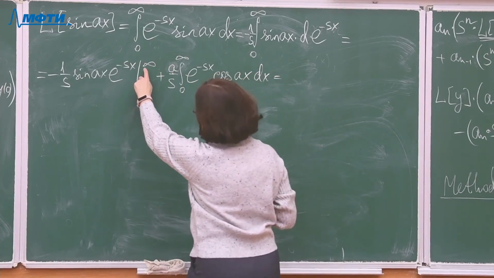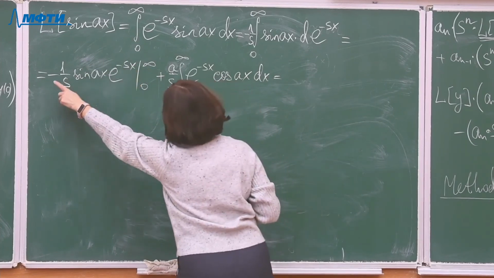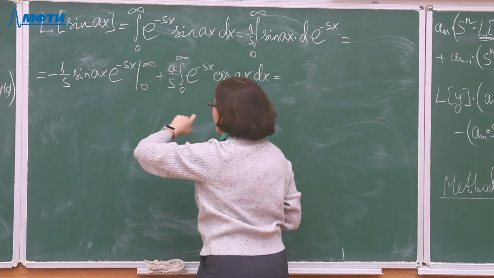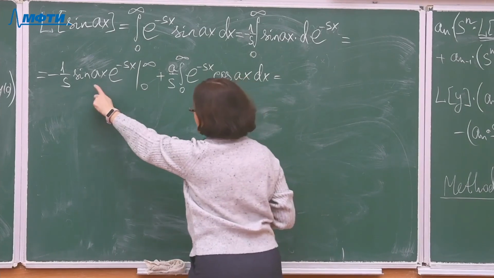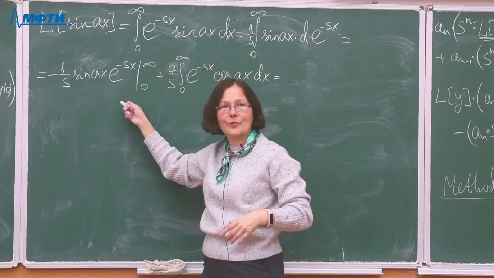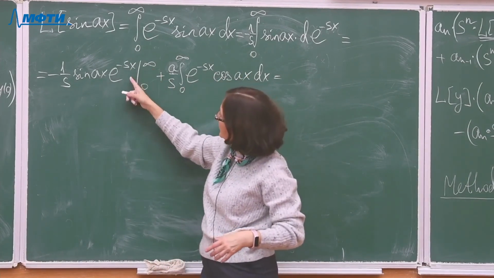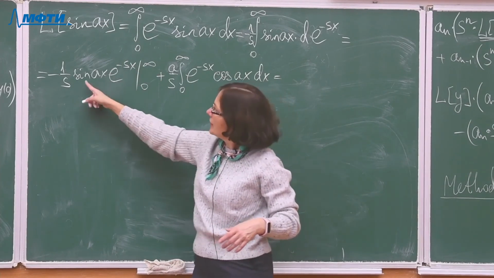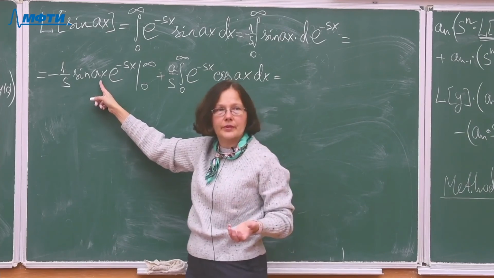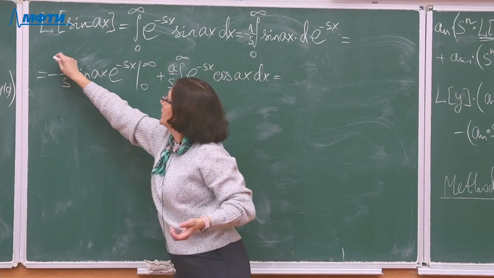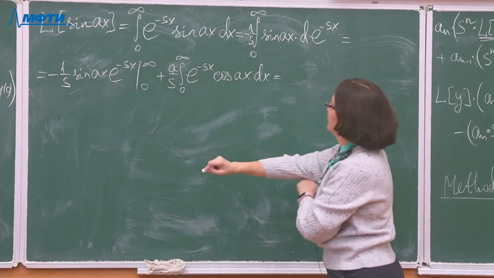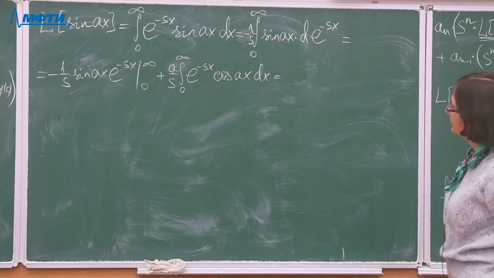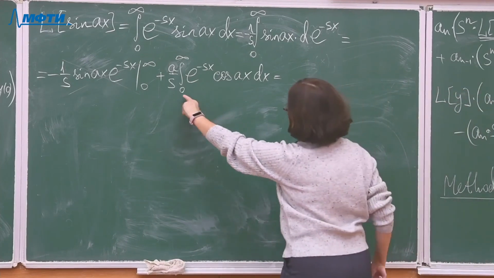If x approaches infinity, this approaches 0. And if x equals 0, this is 0. So this is 0 minus 0. If x approaches infinity, then this approaches 0. If x is equal to 0, then sine ax is 0, right? So this vanishes. Well, and we are left with this.